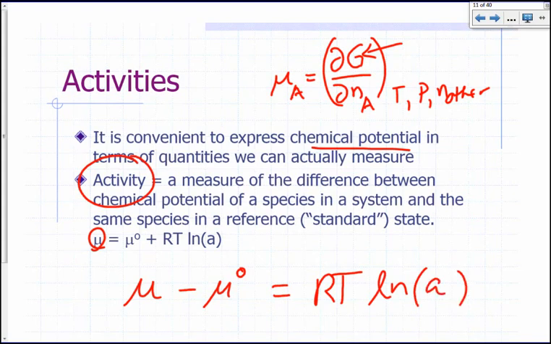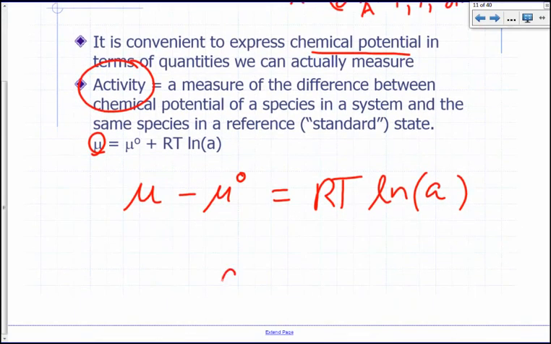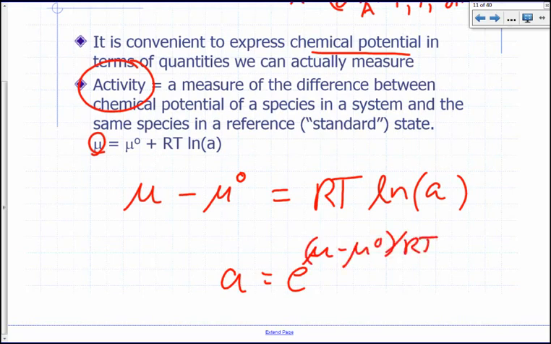In other words, activity is e to the (mu minus mu naught) over RT. As we shall see in the following slides, we can relate activity to things that we can actually measure in the lab.